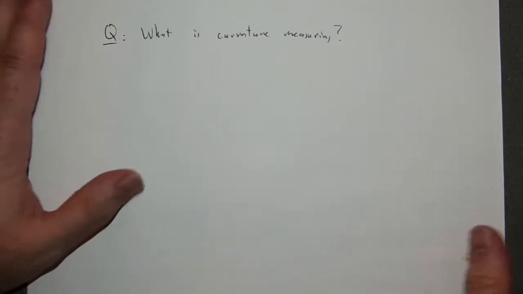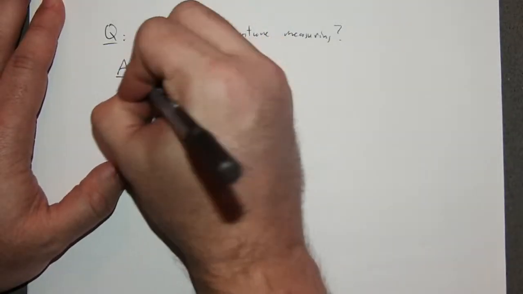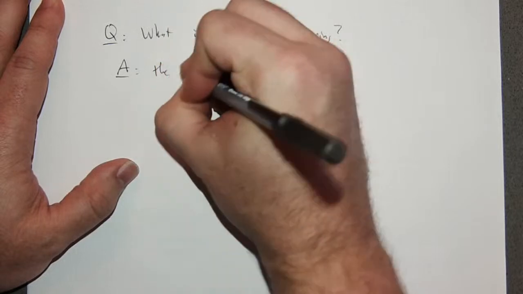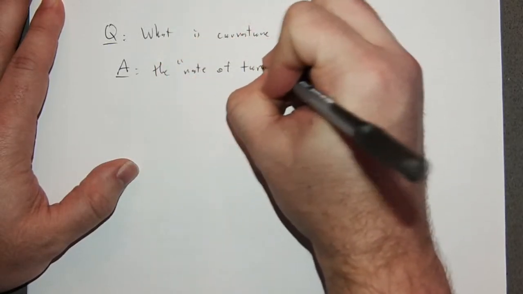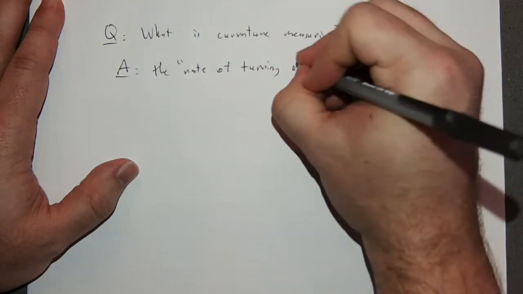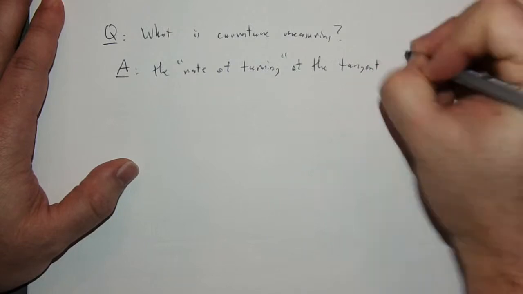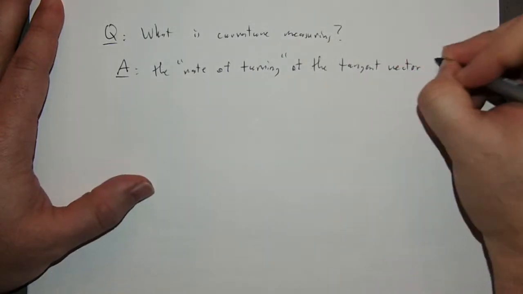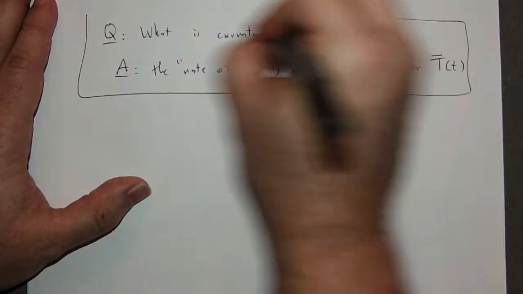So I can't do that. But I can tell you what the answer is. What is the curvature measuring? The answer is the rate of turning of the tangent vector. So this is what curvature is measuring.